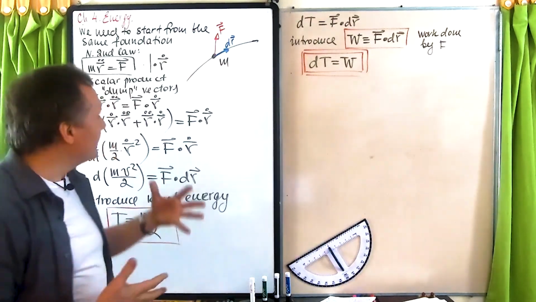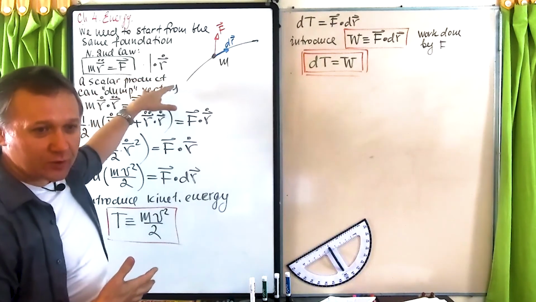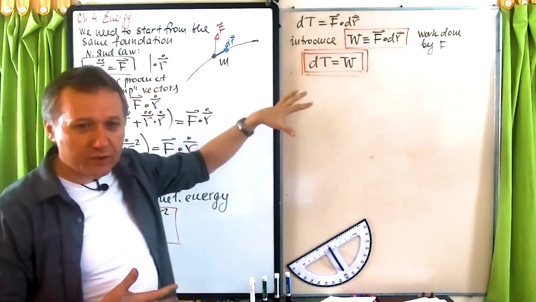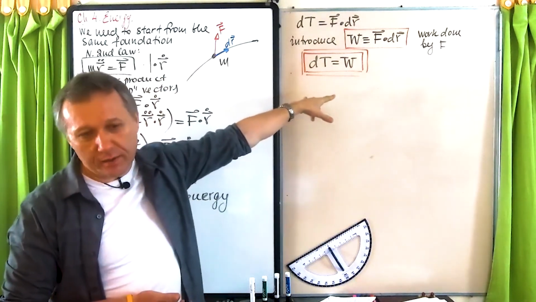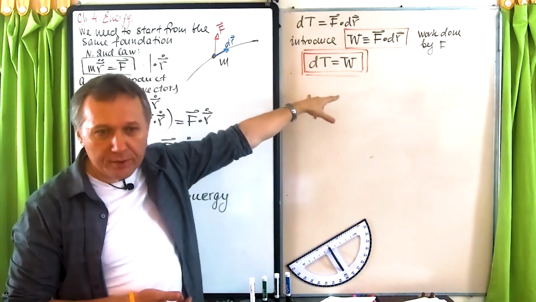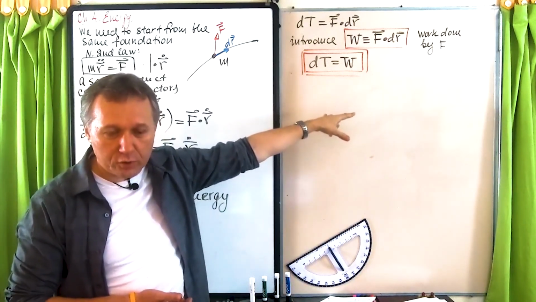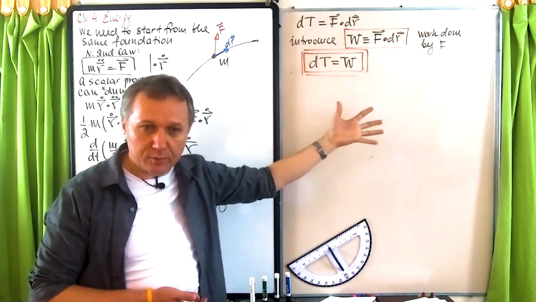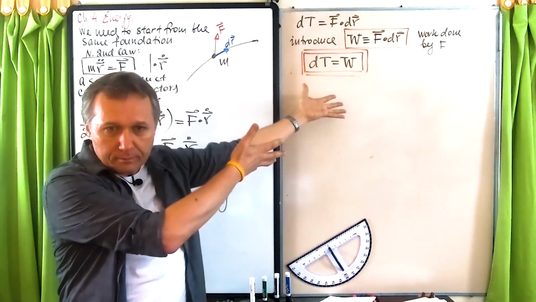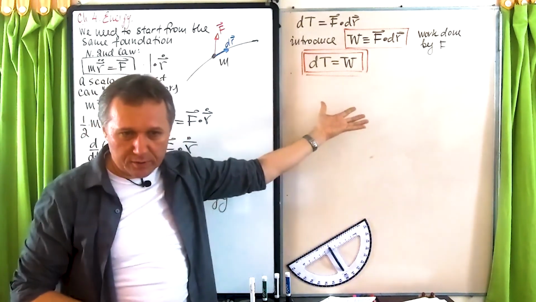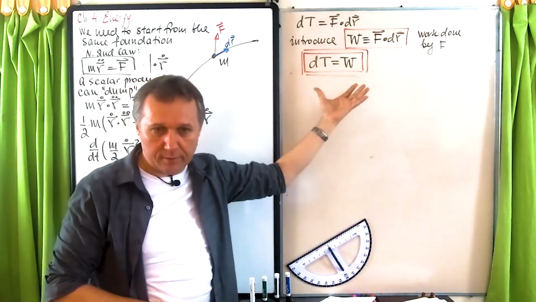Now, the substitute which can be used instead of Newton's second law in the energy approach is the work kinetic energy principle. So if you want to describe motion of any system using this energy approach, that's your tool. Work kinetic energy principle, or work kinetic energy theorem.